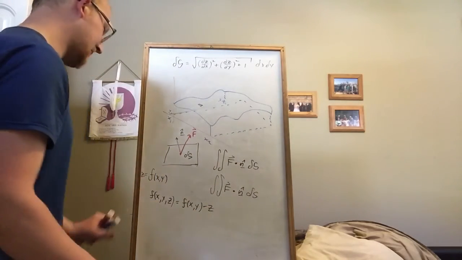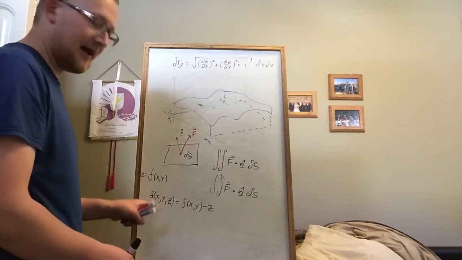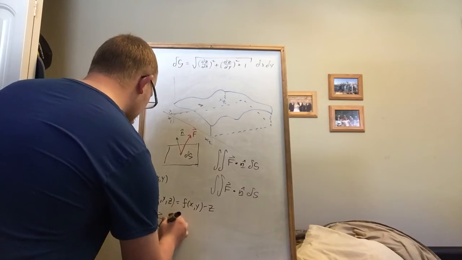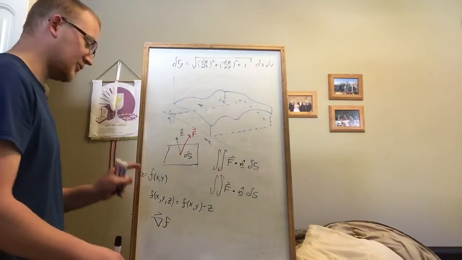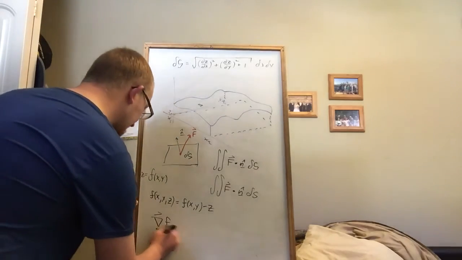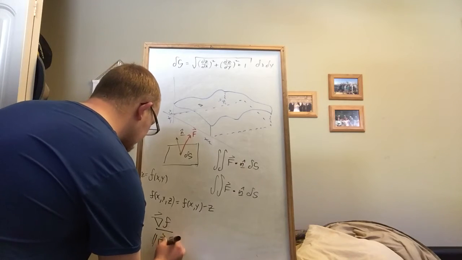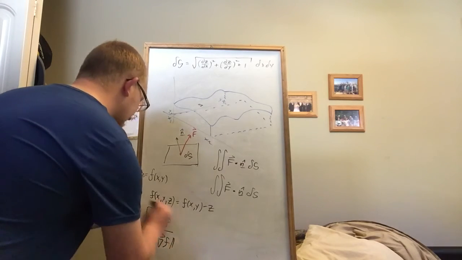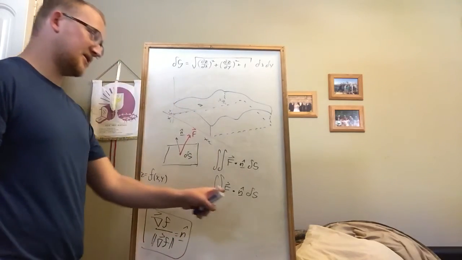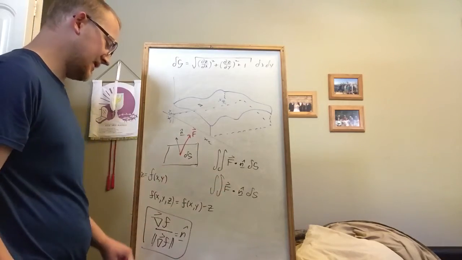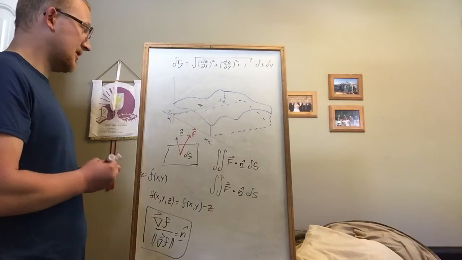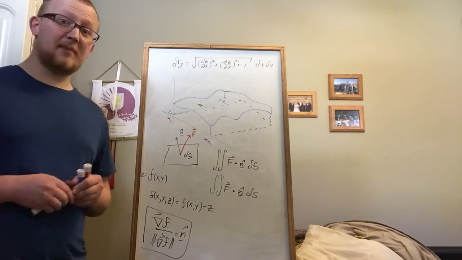Once we did that trick, we took the gradient of F of x, y, and z, and found that the gradient of that scalar function was always normal to the surface. Then we wanted to make it a unit vector, so we divided by its magnitude. So here's another use for the gradient: to find the normal vector to a surface. You can replace the normal vector in here with the gradient of F divided by its magnitude.